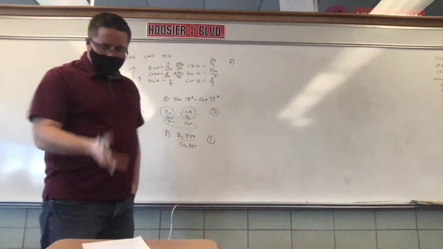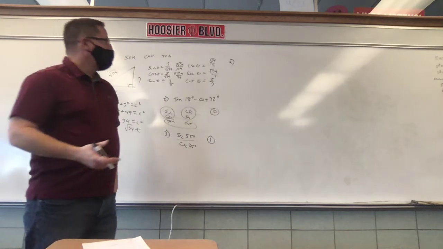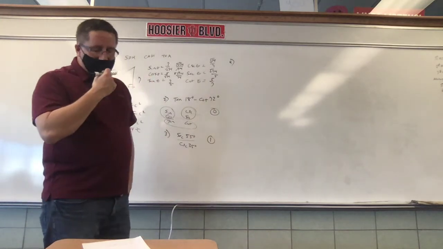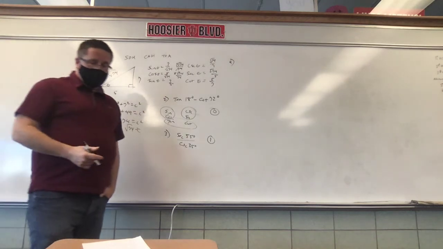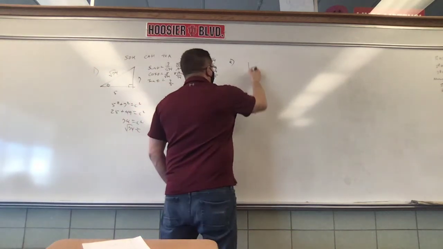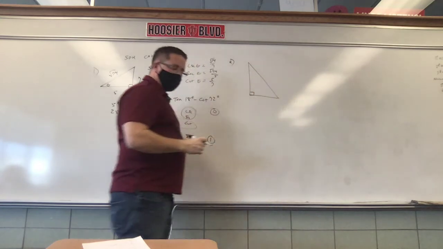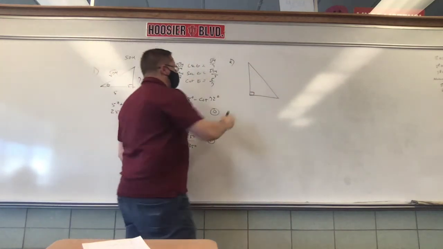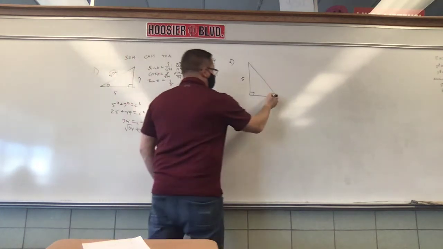They tell you, on both 4 and 5, C is a 90-degree angle. If you really want to use the law of sines on number 4, you can. I'm not going to. That's not the way I taught you. If you're sitting there going, I don't remember how to solve this, well, that's why we're reviewing.